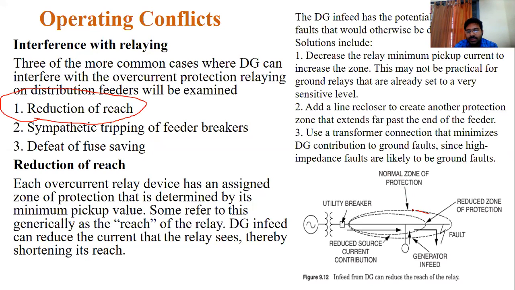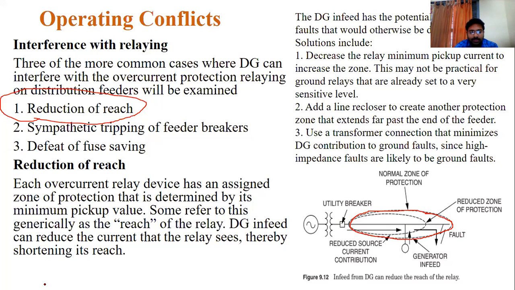You can observe this red circle. This is the actual relaying identification capability range, the normal protection range, the relay's ability to identify any faults in this range. We can call this the reach.